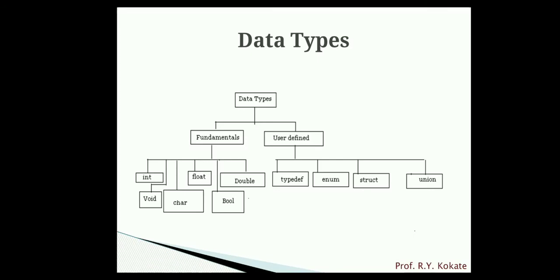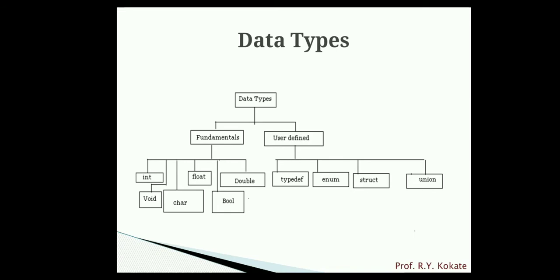Next, data types. Data types are of two types: fundamental and user defined data types. Okay, fundamental data types are integer, character, float, double, bool and void. User defined data types are typedef, enum, struct and union.